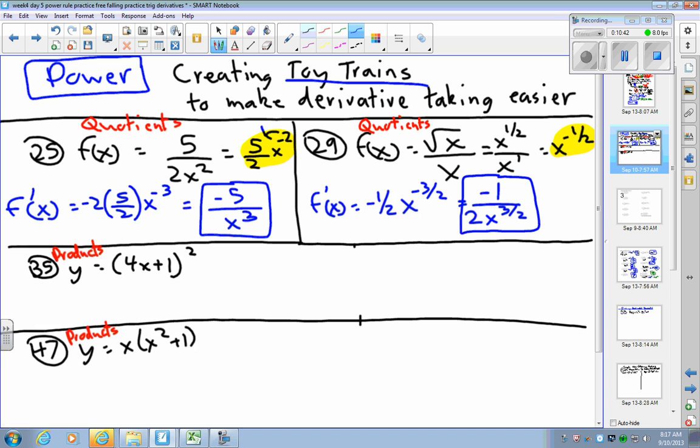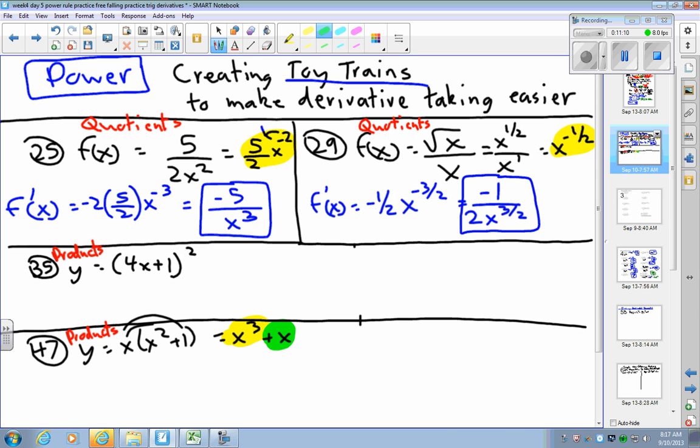Now, let's do 47 first because it's the smaller version of 35. Right now it's a product. You do not know how to do a power rule of a product. You only know how to do it with toy trains. But you could distribute the x and say this is x cubed plus x. Now you have a double toy train. 1 piece, 2 piece.